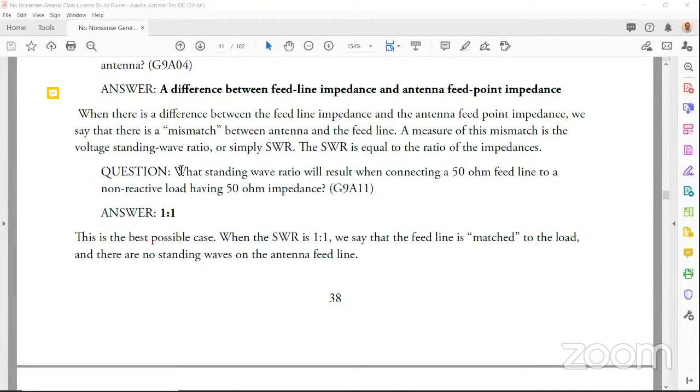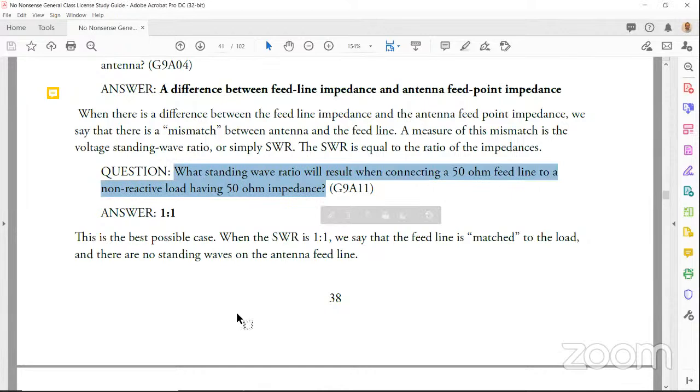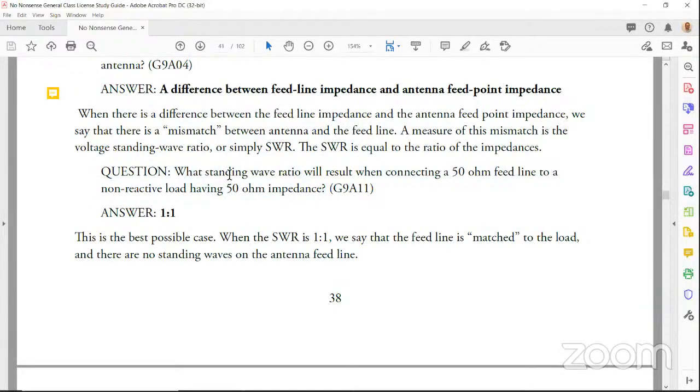Okay, first up, what standing wave ratio will result when connecting a 50 ohm feed line to a non-reactive load having 50 ohm impedance? So dissecting this question, they're asking us what standing wave ratio, in other words, what SWR? So the answer will be some number to some number, or some number with a colon and a number after it.